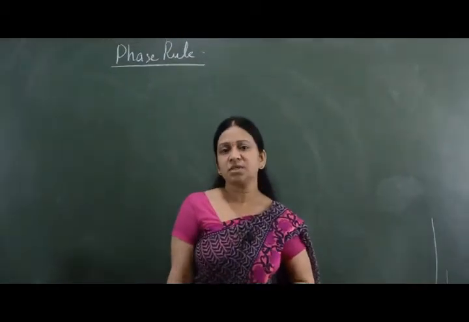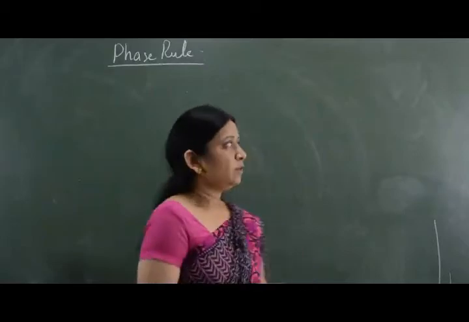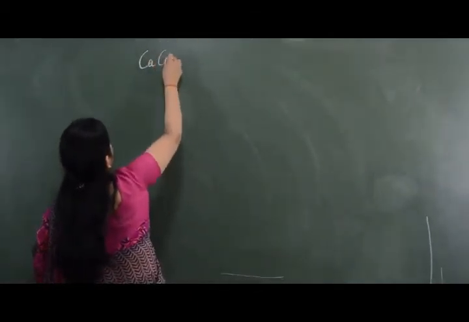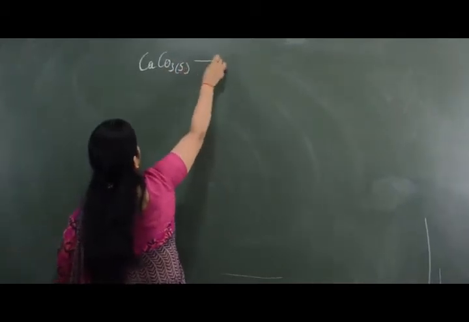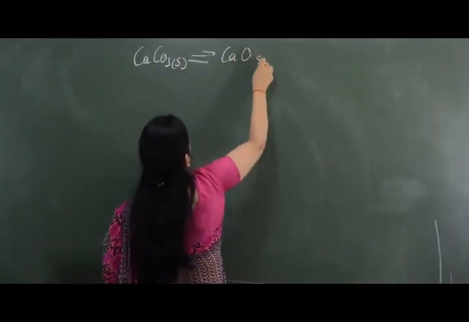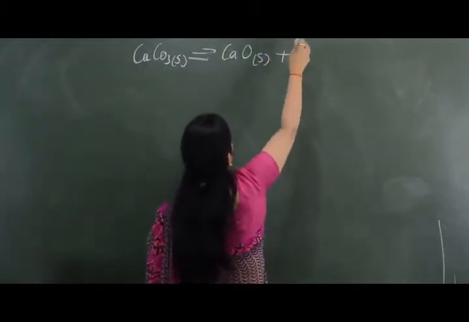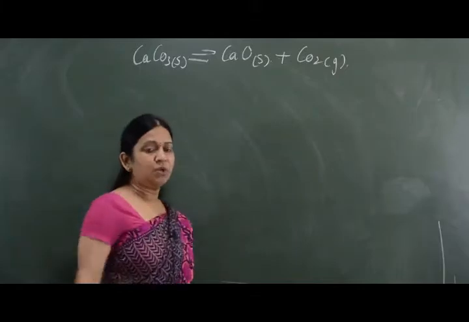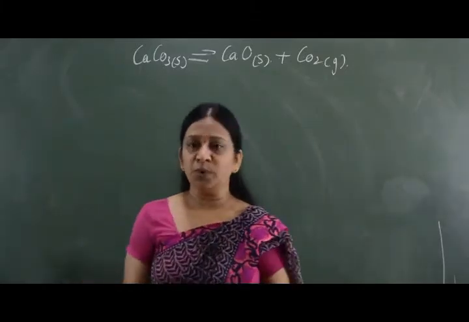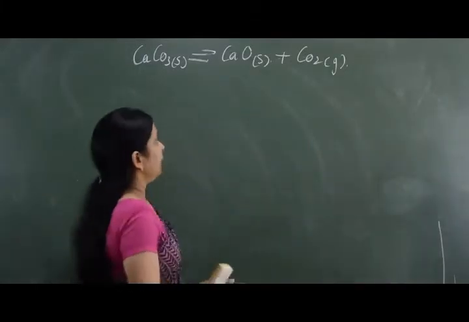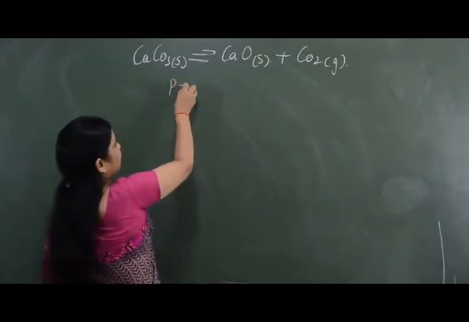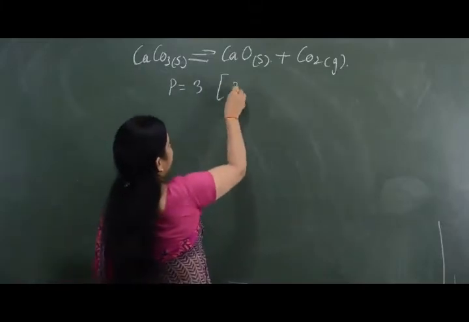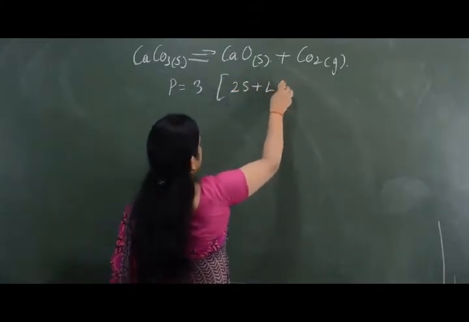Now we are going to discuss some examples. The first example is, suppose we have CaCO3 solid in equilibrium with calcium oxide plus carbon dioxide. If this is the system and you are asked to calculate phase, component and degree of freedom, then in this system the number of phases is 3: 2 solid phases plus 1 gaseous phase.